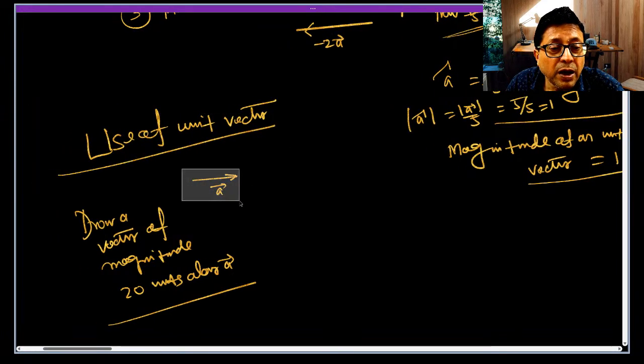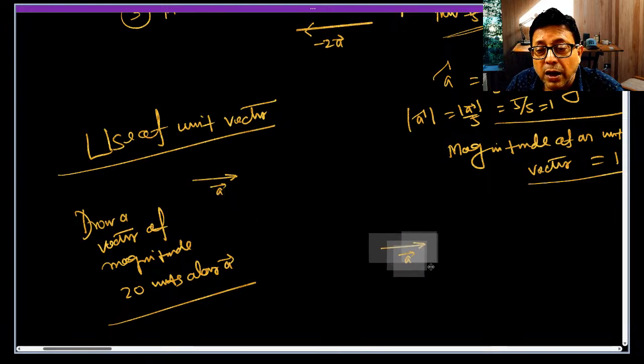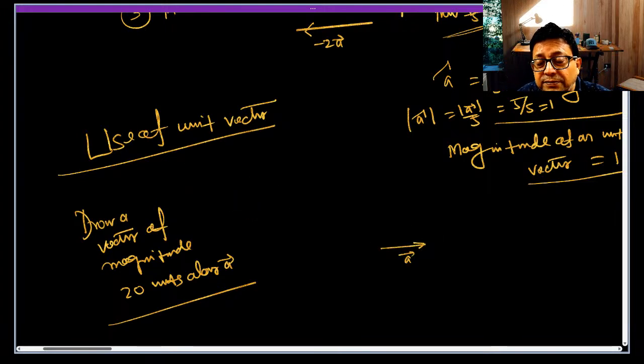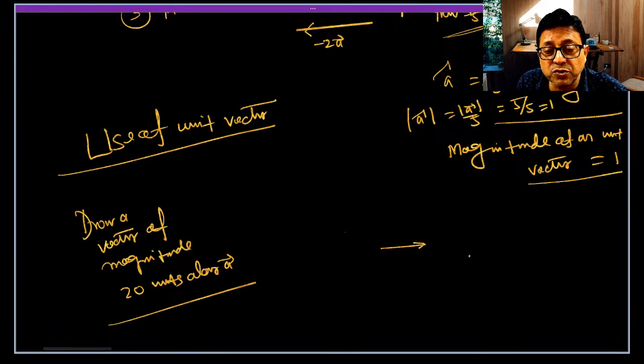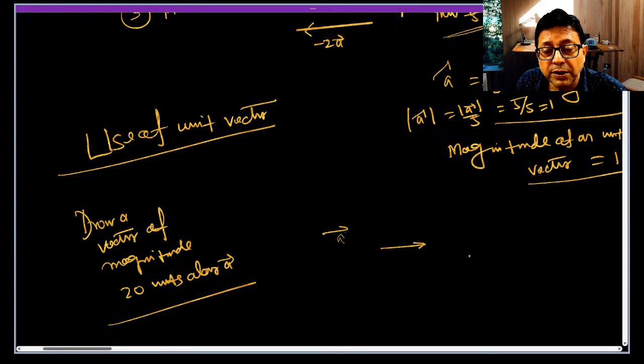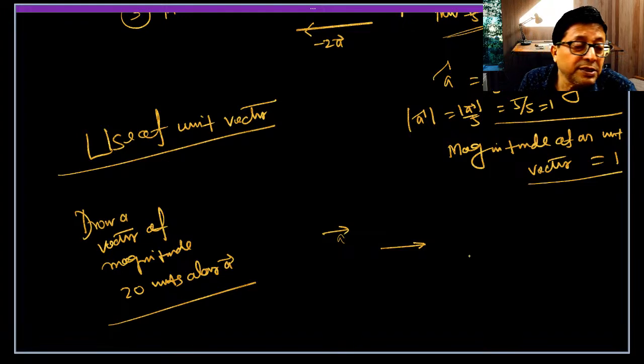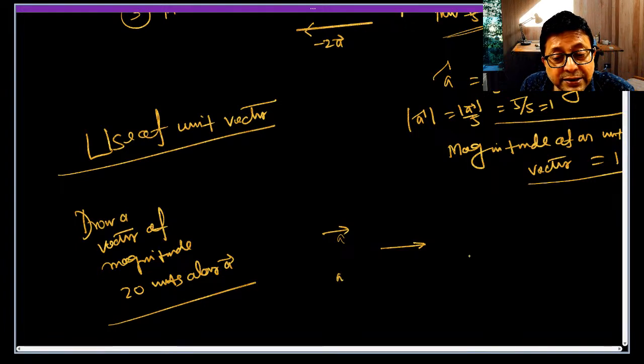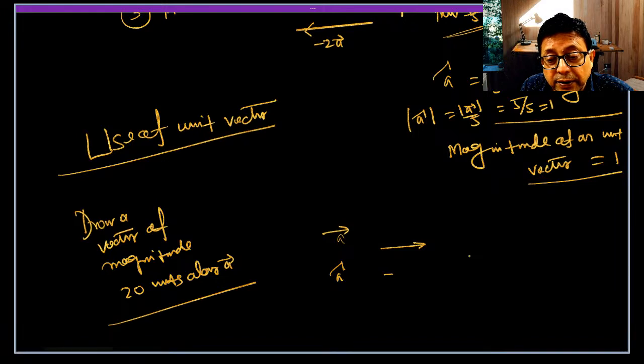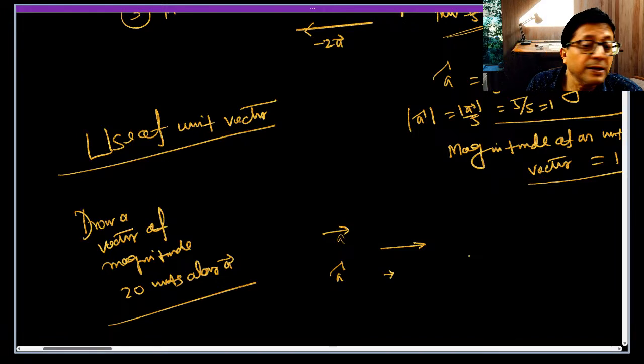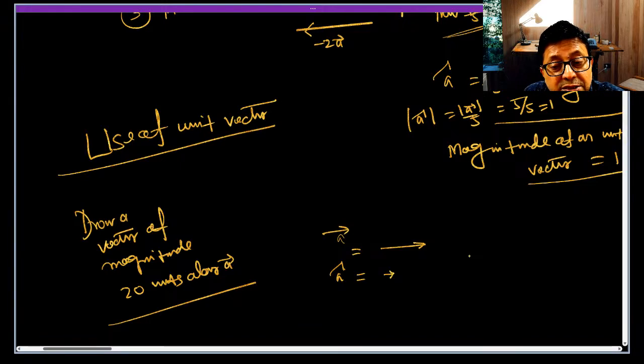I just draw the vector here. This is the given vector A. To represent a vector of magnitude 20 units, we will find A hat or A cap, which is A divided by its magnitude.